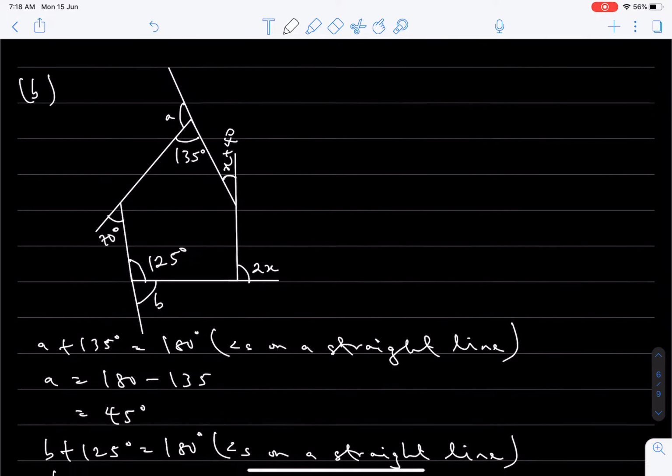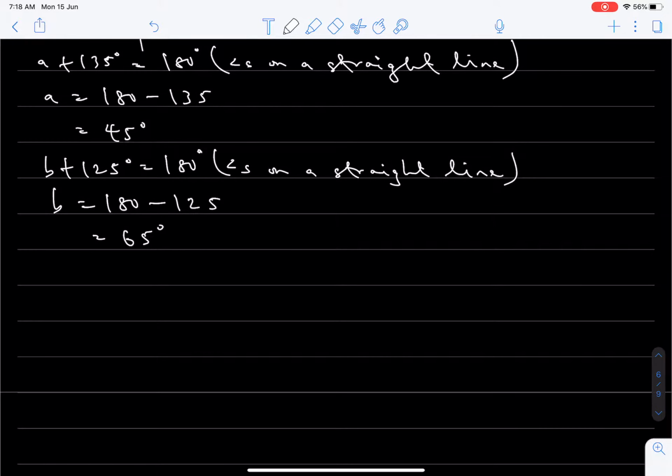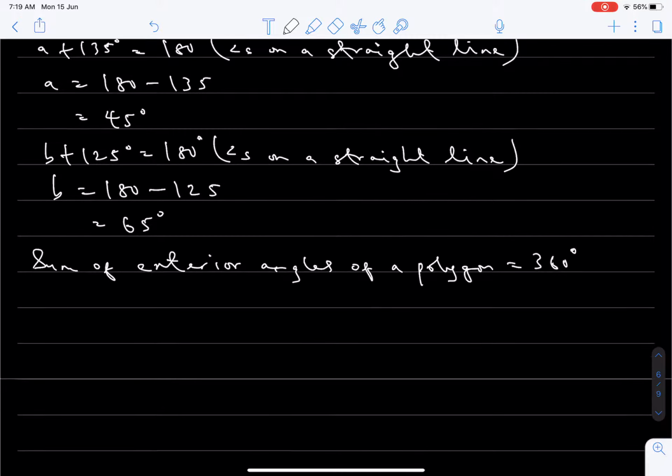Now we have all the exterior angles. We just add them together and equate to 360 degrees. The sum of exterior angles of a polygon equals 360 degrees.